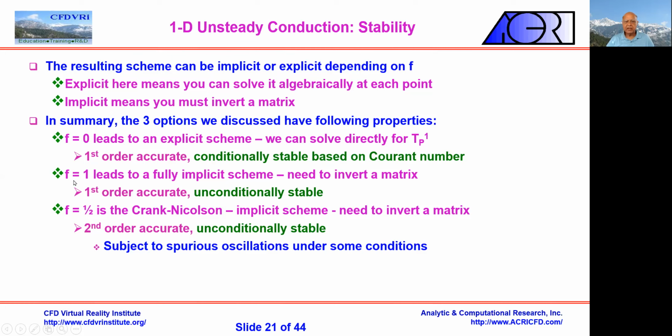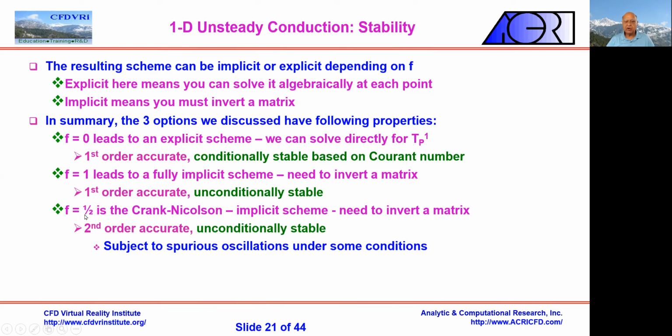Okay. Now, when f is equal to 1, then it leads to the fully implicit scheme. And that means we need to solve a matrix. Also, one advantage of this implicit scheme is that it's unconditionally stable, right? You can use whatever Courant number you want. Okay, it may not be accurate, but it's stable.